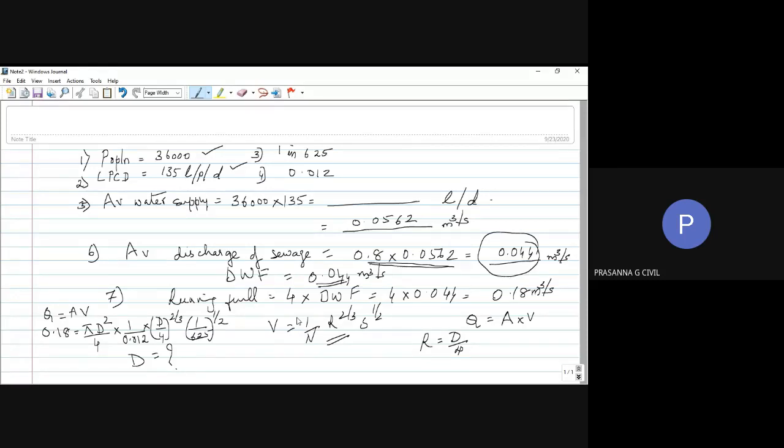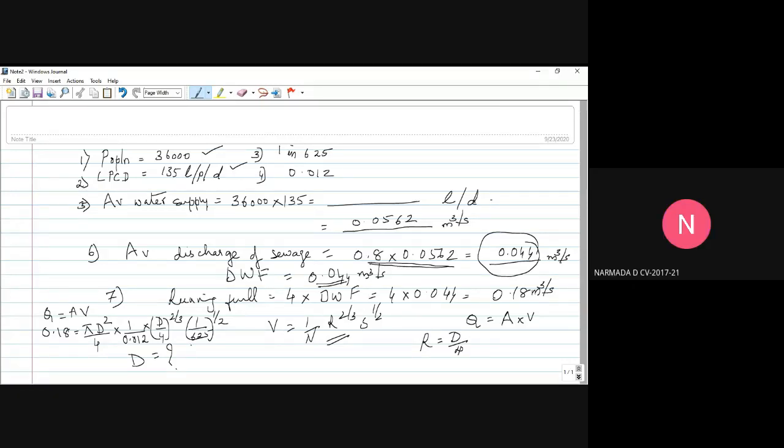I want the answer for D first, then we need to calculate V. Ma'am, D is 0.52 meter. 0.52, correct.